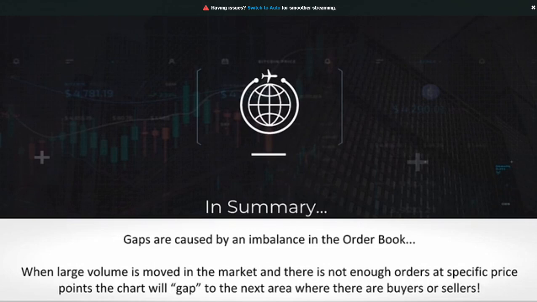There's no specific amount of time that it could take to see the price gap get filled, but just be mindful.